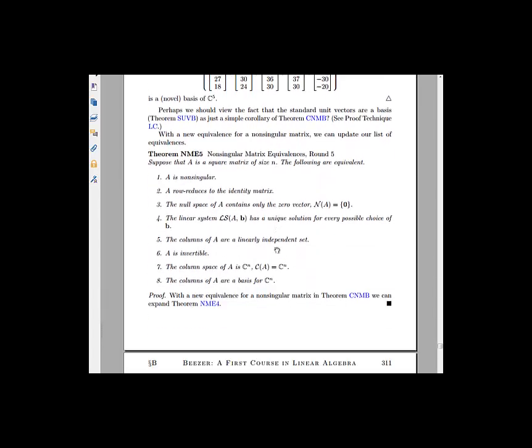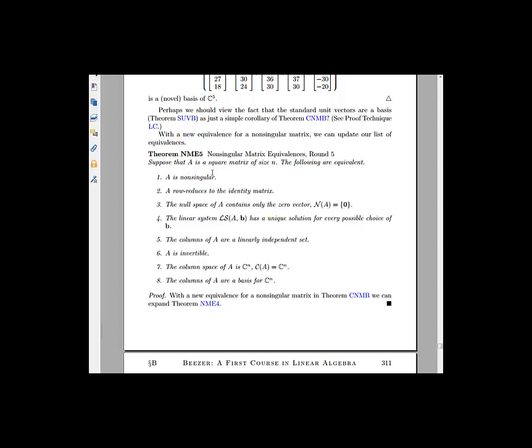All right, so the final conclusion here is that we have all of these statements that are equivalent to the fact that A is non-singular. And here we can add one, that the columns of A form a basis for Cn. Okay, just run through these quickly and remind yourself of these properties.